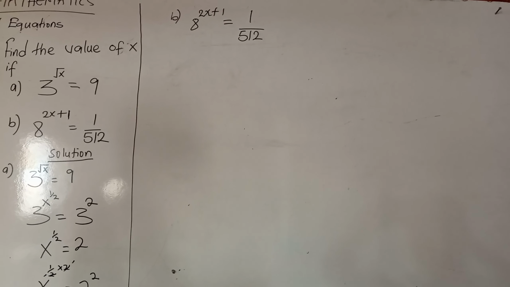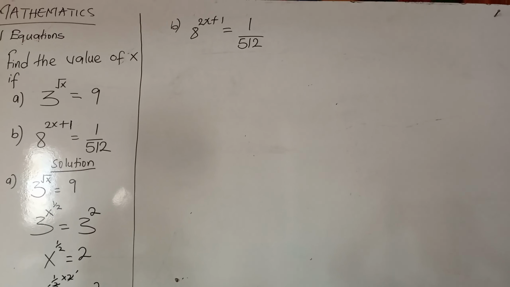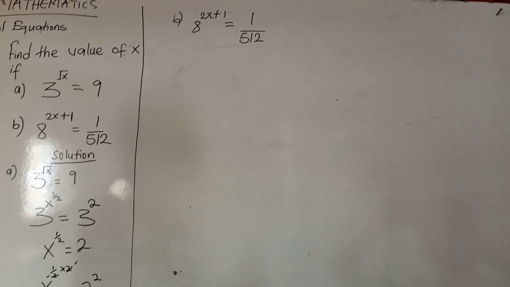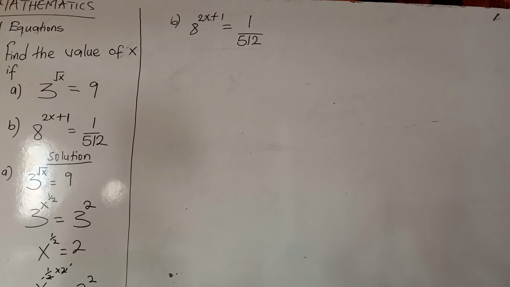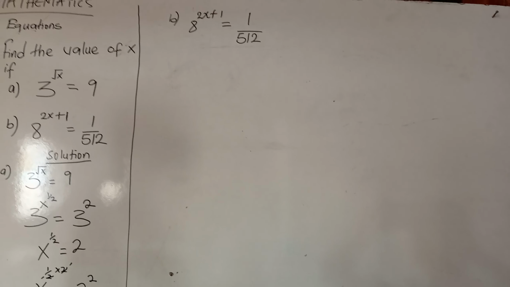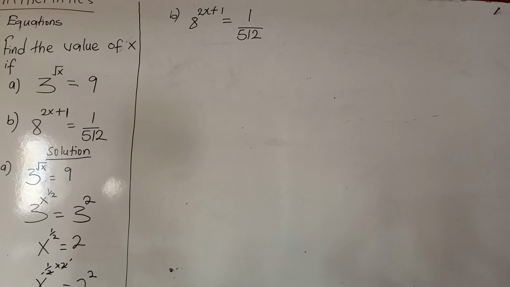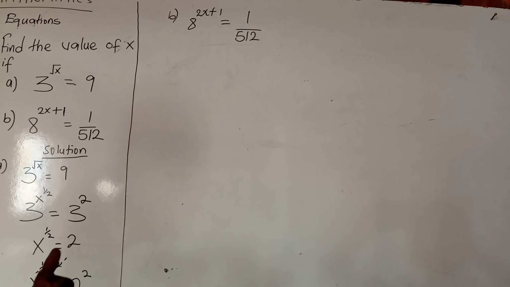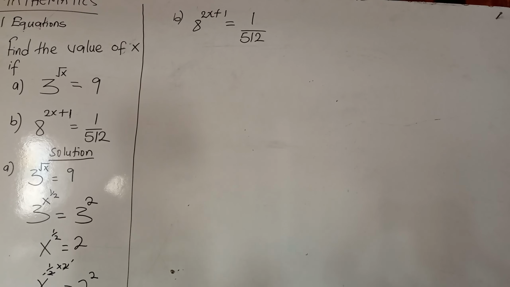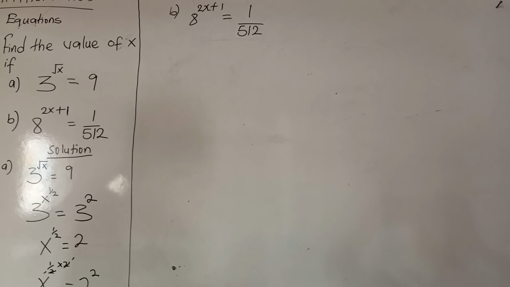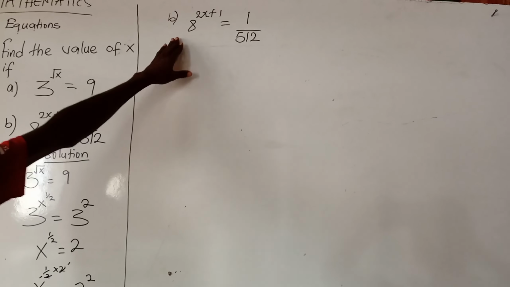That is, how numbers should be raised to a power. For instance, 8 raised to the power 2 means 8 times 8. Now if they ask you to express 8 in index form, 2 raised to the power 3. 2 times 2 times 2 will give you what? 8. So now let us solve this one.